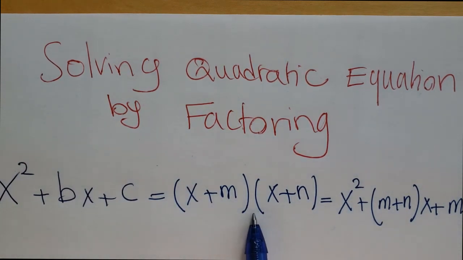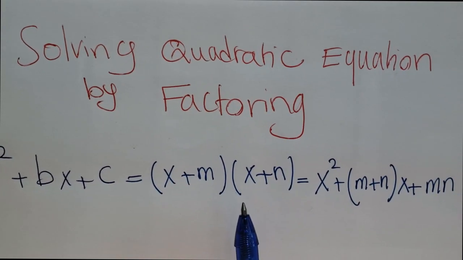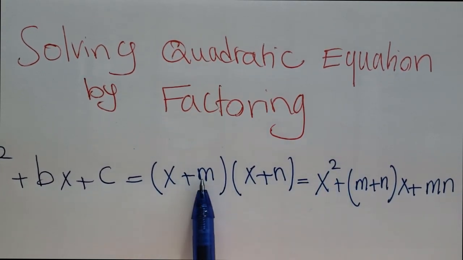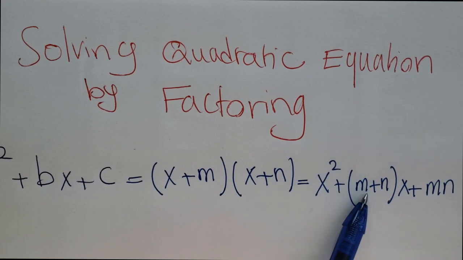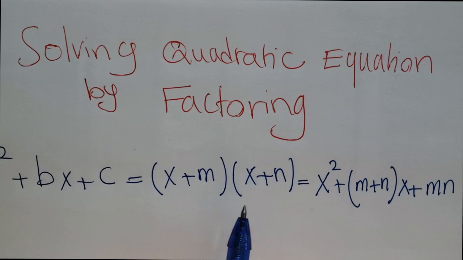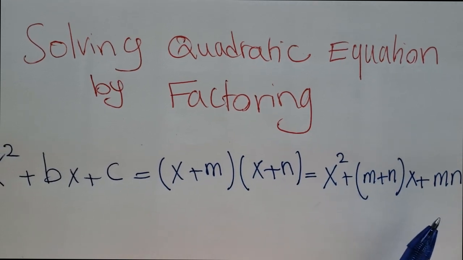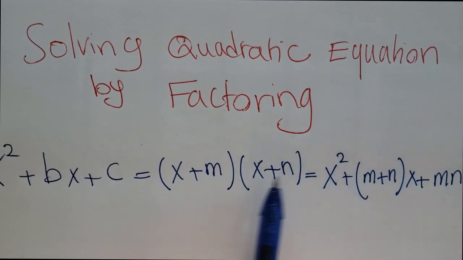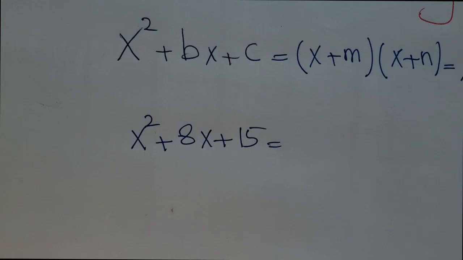And this can also be written as x to the power 2 plus (m plus n) times x plus mn. So you can always use these two formulas to break any expression into a multiplication, or product, of two terms.